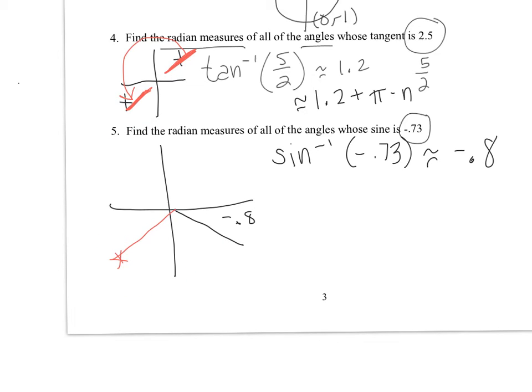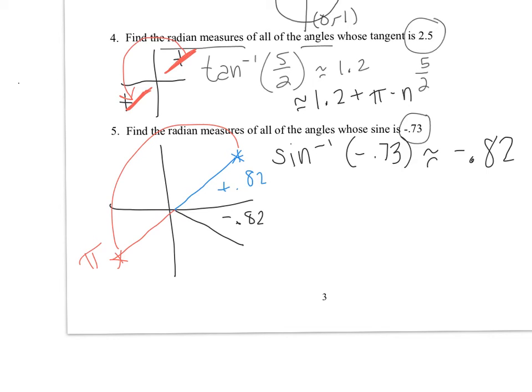So what I have to do is take positive 0.8. Actually, I'm going to keep this one to the nearest 100th. So if I take positive 0.82, I'm going to be left with right here. Now I can get all the way around to this spot if I just add pi.